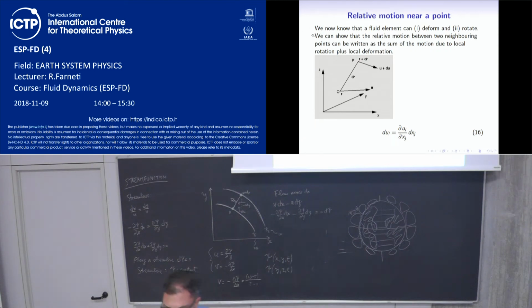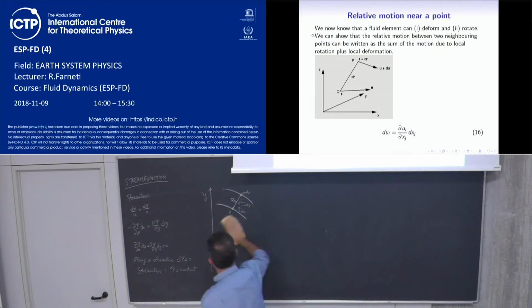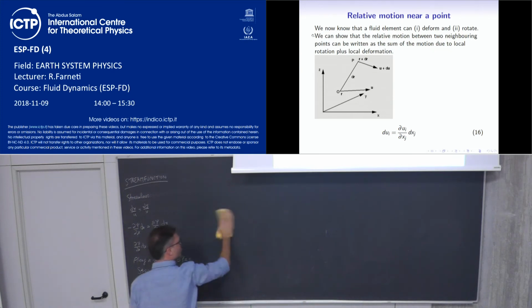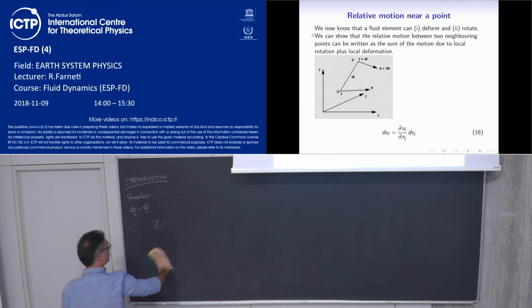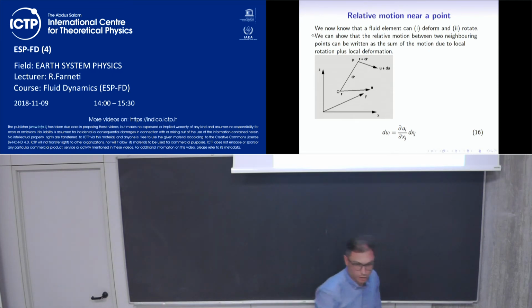Okay, so now we're going to put everything together and say what is the sum of all the changes to my fluid particle, which is going to be the sum of all the deformation plus the sum of all the rotations. So the linear strain rates, the shear strain rates, and the possible rotation acting on the element of fluid.